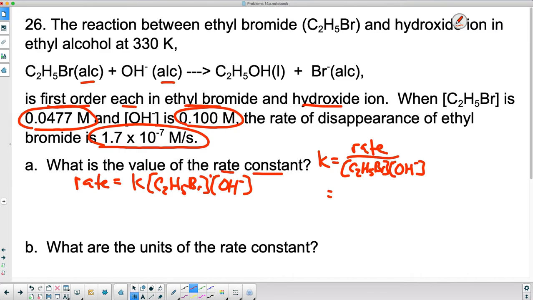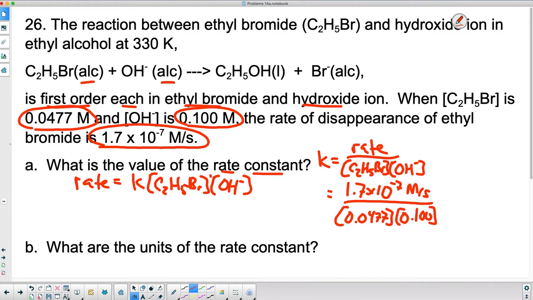So let's fill in 1.7 times 10 to the negative 7th molarity per second divided by 0.0477 and 0.100. And those are both in concentration of molarity.